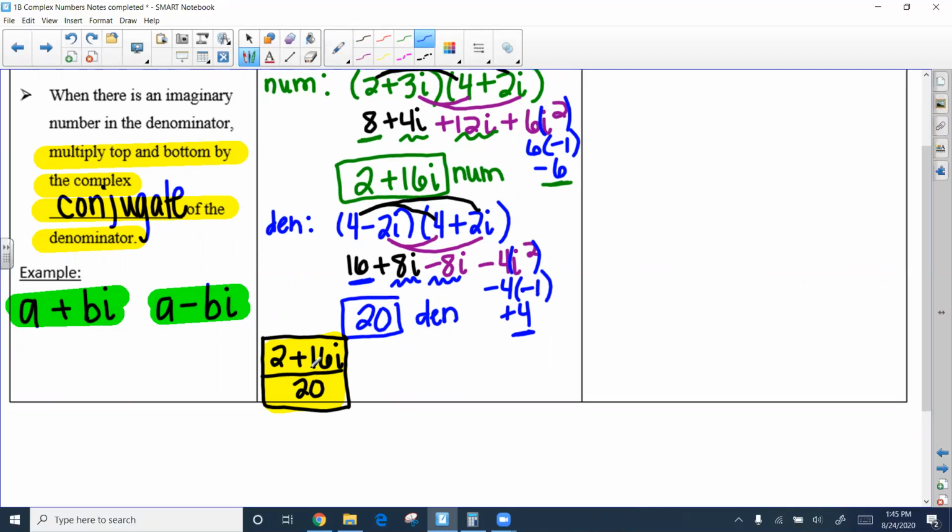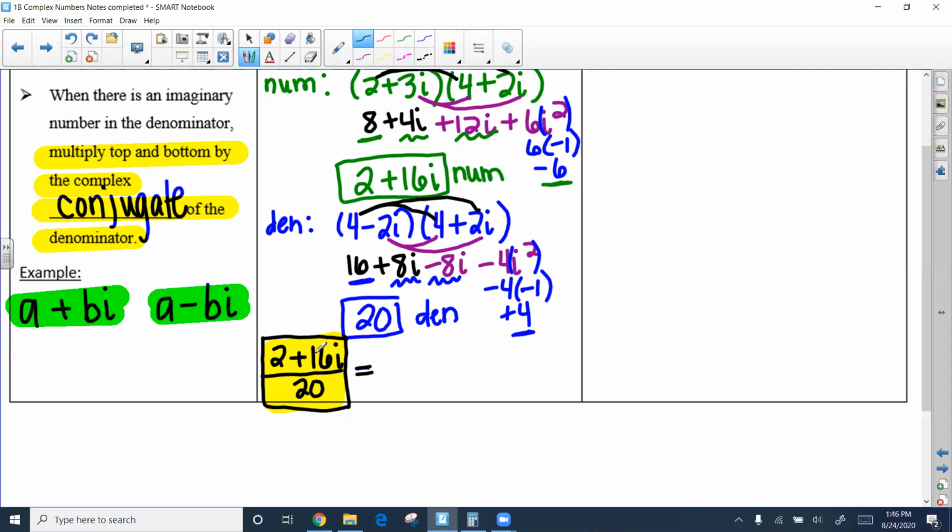The way it's written right here, 2 plus 16i over 20, you might notice all these numbers, 2, 16, and 20, have a common factor of 2. So you can divide out a 2 and that will reduce all of them, but leave one single fraction.